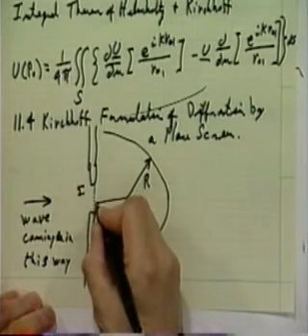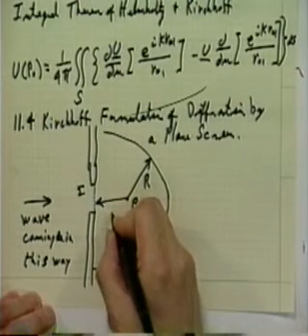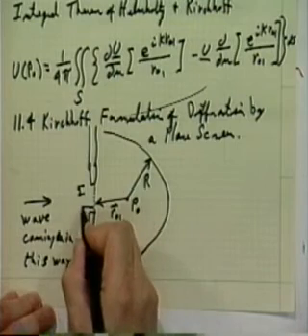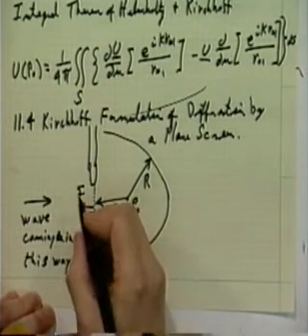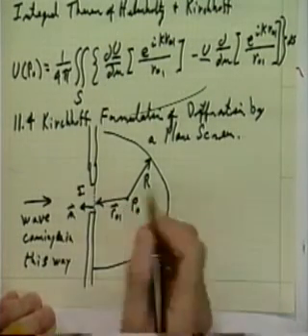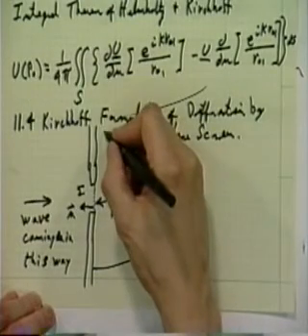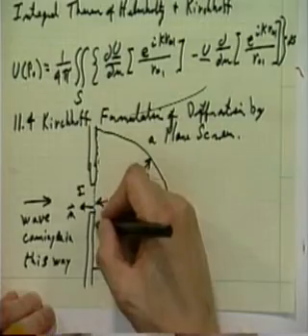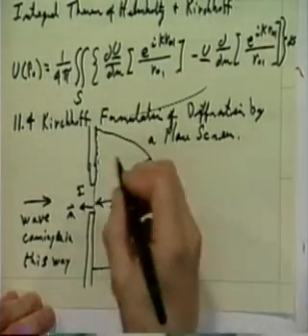So this is the r01. The outward normal here is going to be like so, n. And this surface along here is going to be called S1.